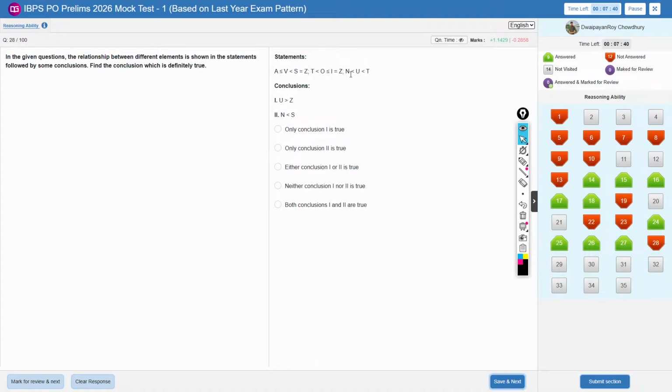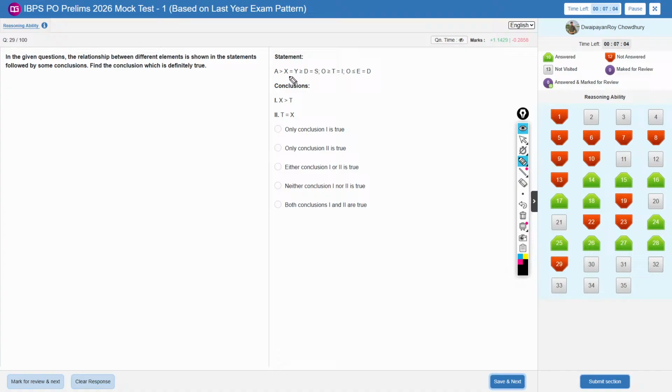U greater than N and no connection with N, so definitely no. N less than T, T less than O less than I is Z, but Z is then greater than S, so Z equal to S, okay. So less than, it holds.